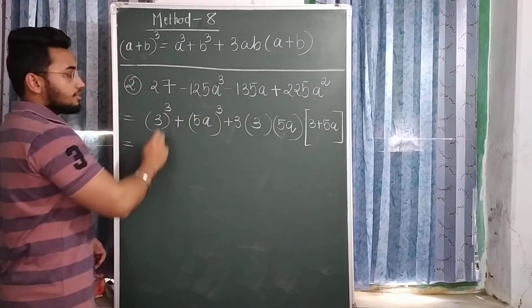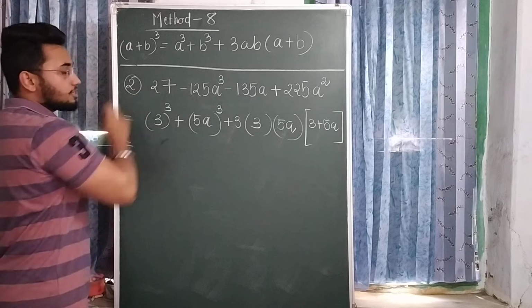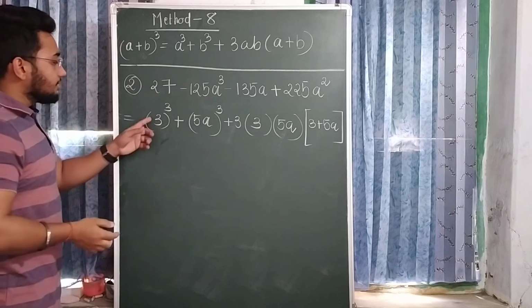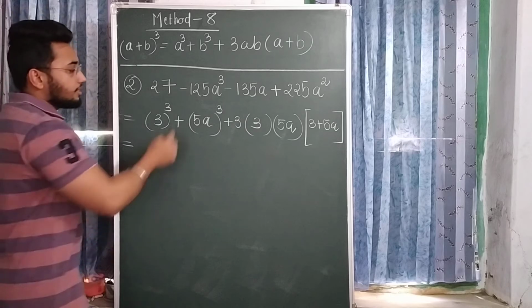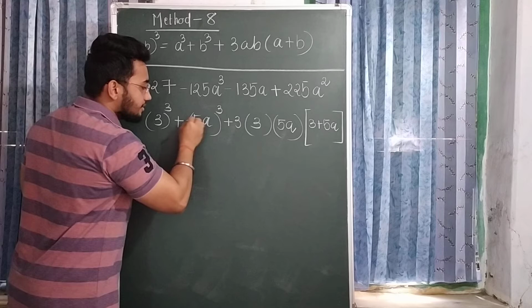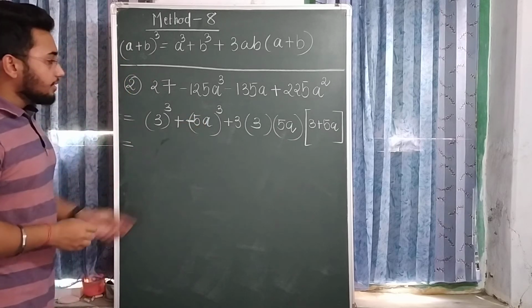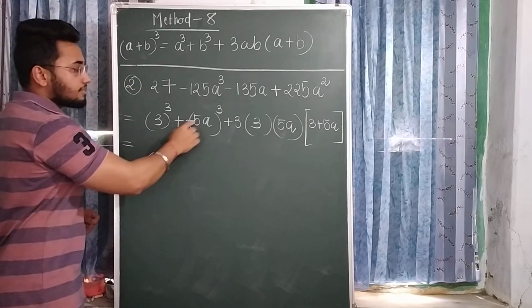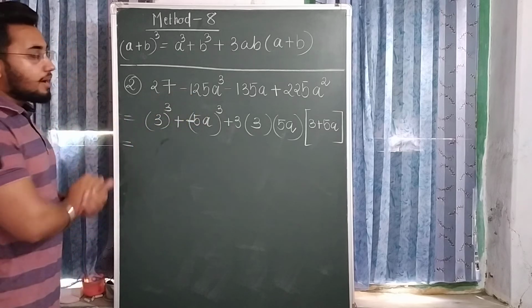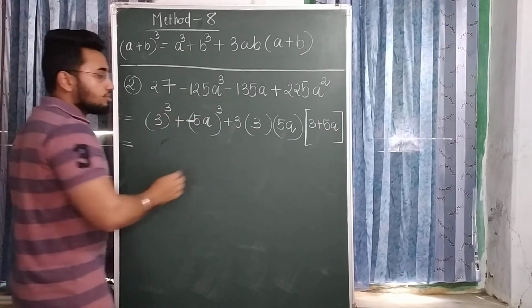This is minus. This is minus. This is plus. This is plus. So we actually know that this sign will always be plus. Now this sign is a minus. So obviously this is a minus 5a. Here is a minus 5a because the minus cube will be minus. So whenever you see minus 5a in the example, you just have to put minus there.